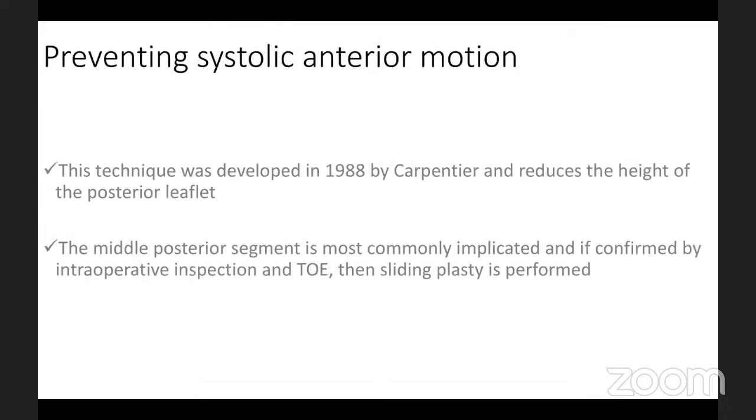This technique was developed in 1988 by Carpentier and reduces the height of the posterior leaflet. The middle posterior segment is most commonly implicated, and if confirmed by intraoperative inspection and transesophageal echo, then sliding plasty is performed.